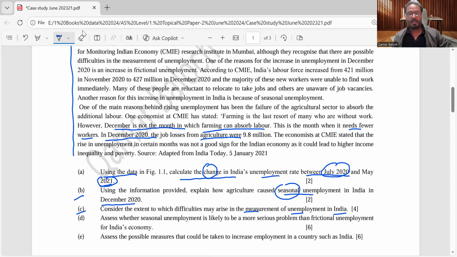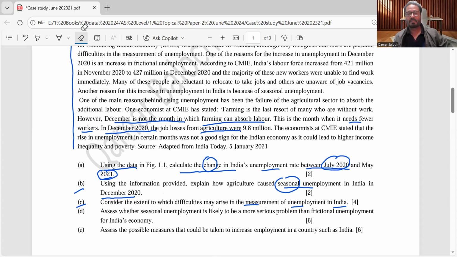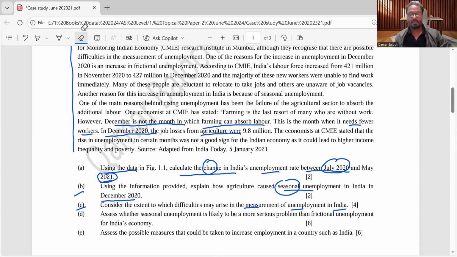The Indian economy is mainly dependent upon the informal sector, that is, the agriculture sector. When the informal sector dominates, it is really tough to find relevant data. When we don't have sufficient data, it causes problems for economists to calculate or measure unemployment in an economy. The same is happening with India, so you will have to explain this.